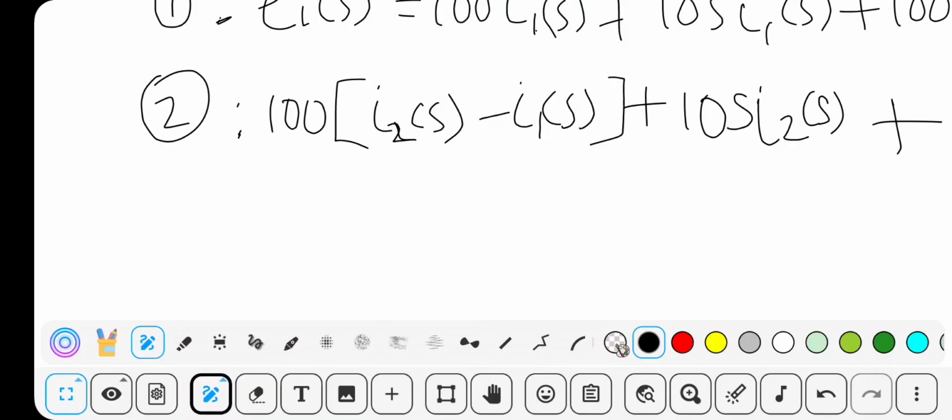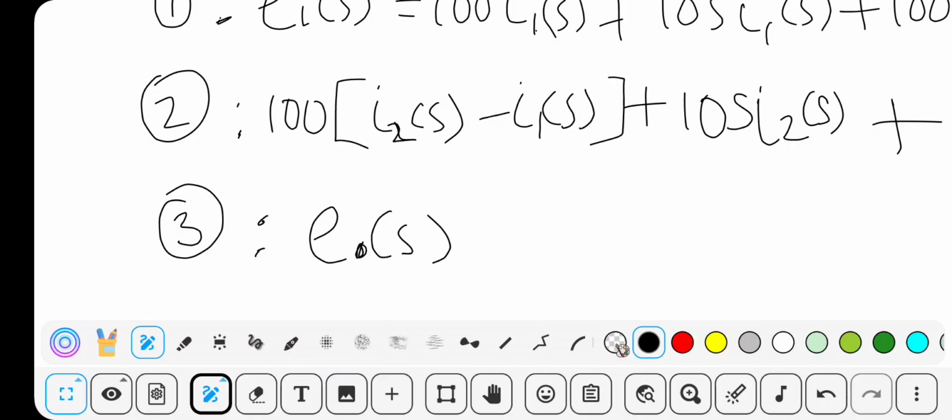And the third equation becomes 100 I2 of s.